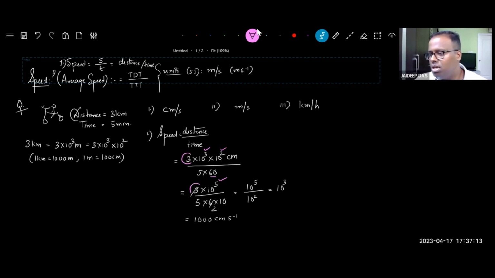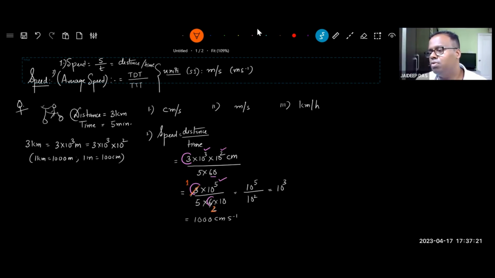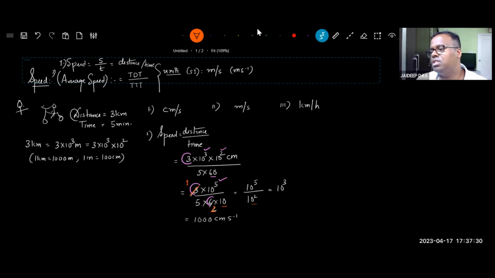So this 3 cancels out with the 6 to give a 2, right? 3 2s are 6. Did you understand? 5 into 2 makes it 10, and you have another 10, so it becomes 10 square. So 10 to the power 5 divided by 10 to the power 2, that's 10 to the power 5 minus 2, which is 3.